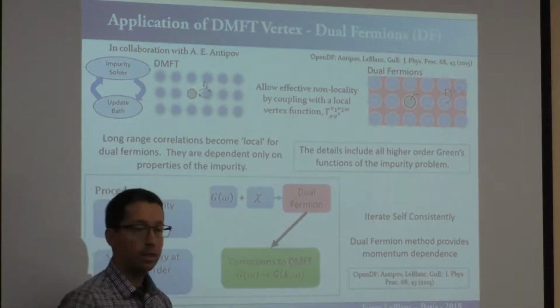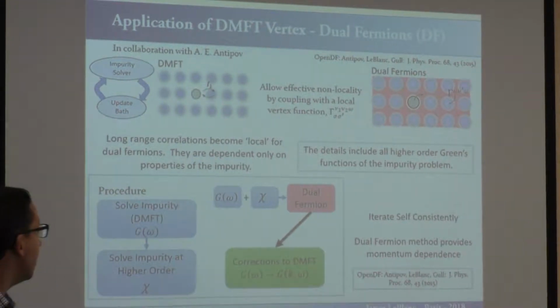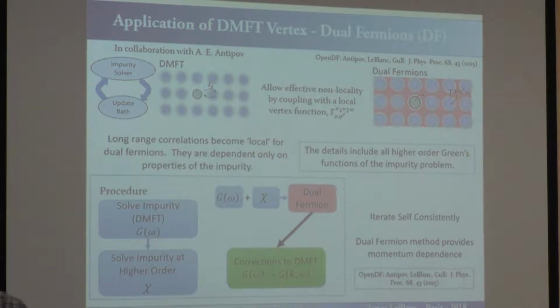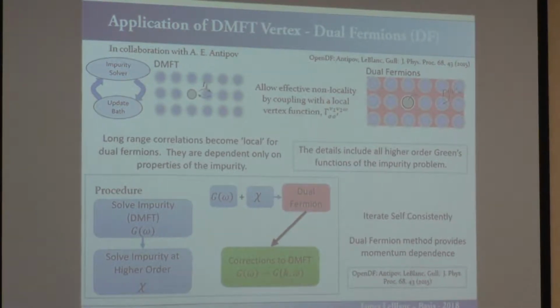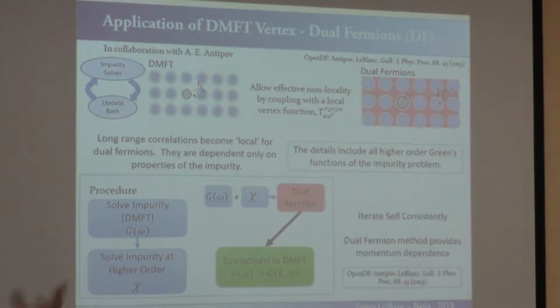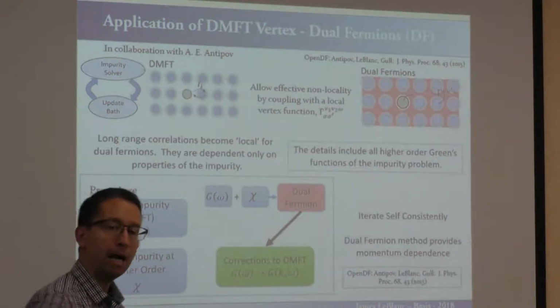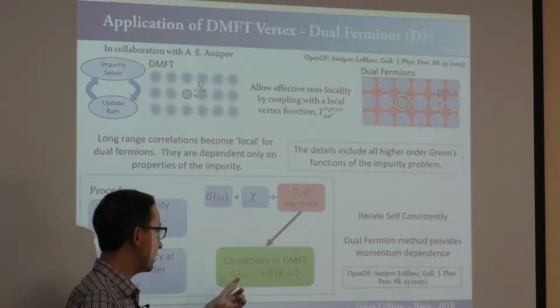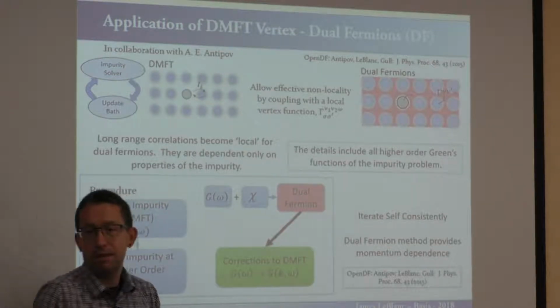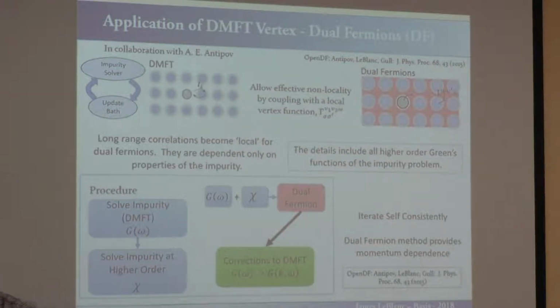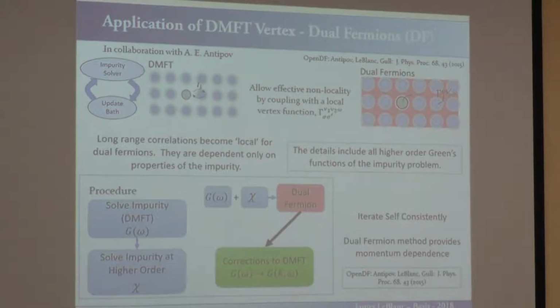We run this through dual fermions, which in our case is a published code referred to as OpenDF. So it just takes that vertex, it takes your Green's functions and your self-energy. And it, I would say, via magic, takes a Green's function that has no momentum dependence, and it produces a Green's function that has momentum dependence. It reinstates that momentum dependence.